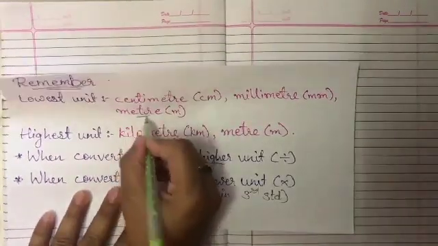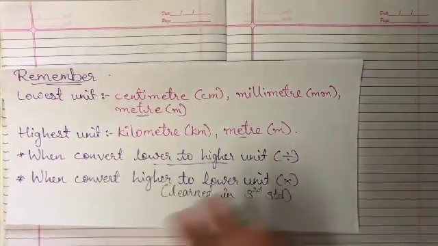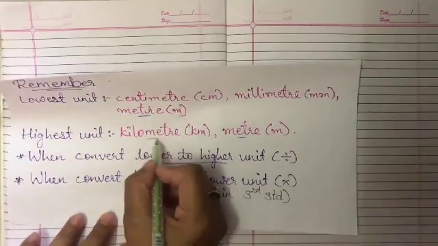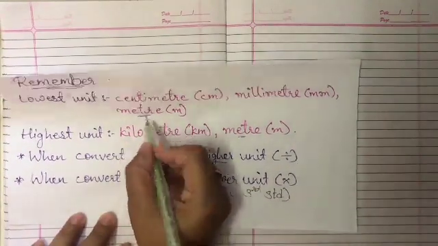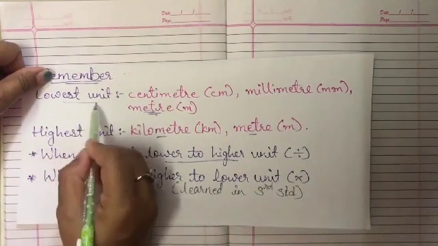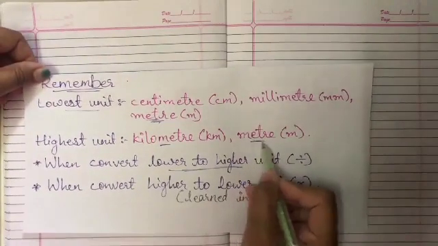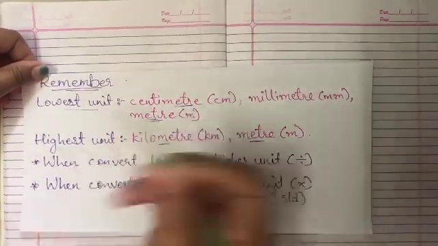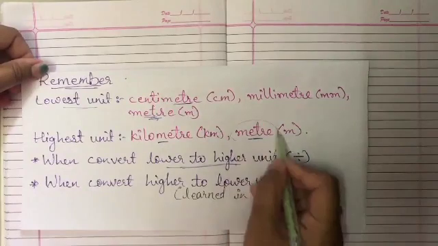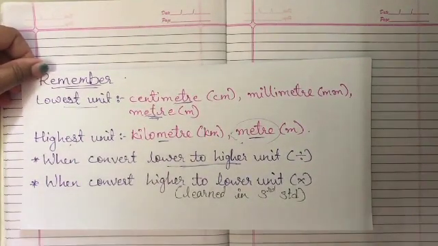You can notice that meter is given here 2 times. Why? Because when we are going to convert kilometer into meter, at that time meter is the lowest unit. And when we convert meter into centimeter, at that time this meter which I have written in the highest one is said to be a highest unit.